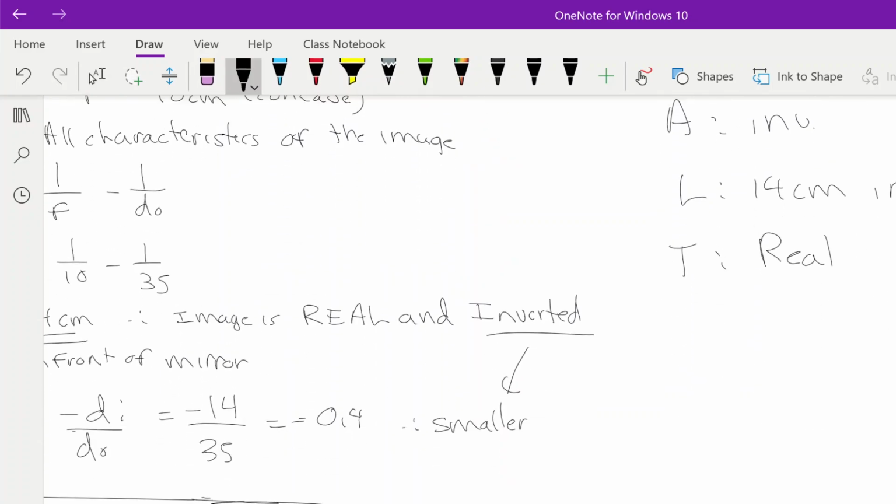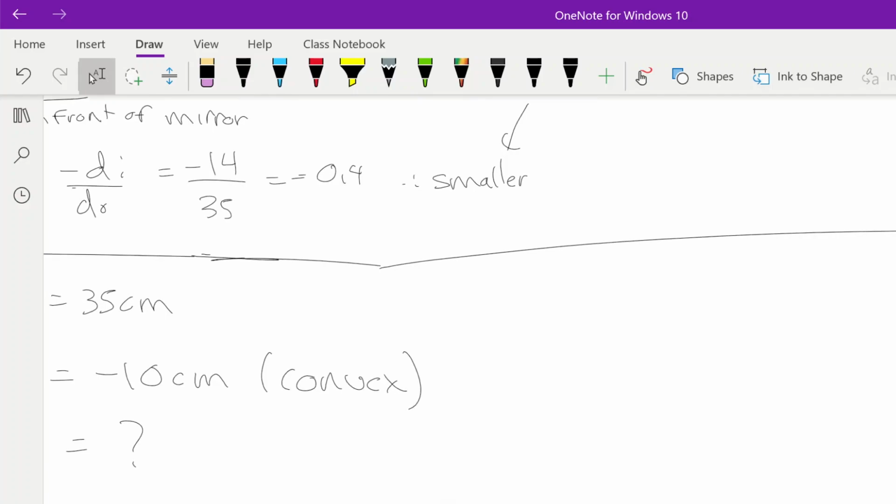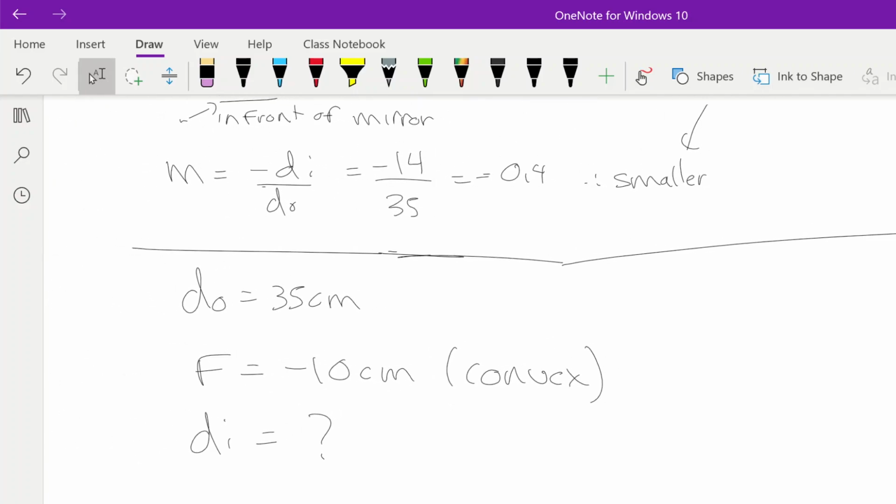Okay, now we're doing a second problem, and we're going to do the same thing. Again, 1 over di equals 1 over f minus 1 over do. This time we have to put a negative number in for f, so this is going to be 1 over negative 10 minus 1 over 35. Now I punch that in my calculator.